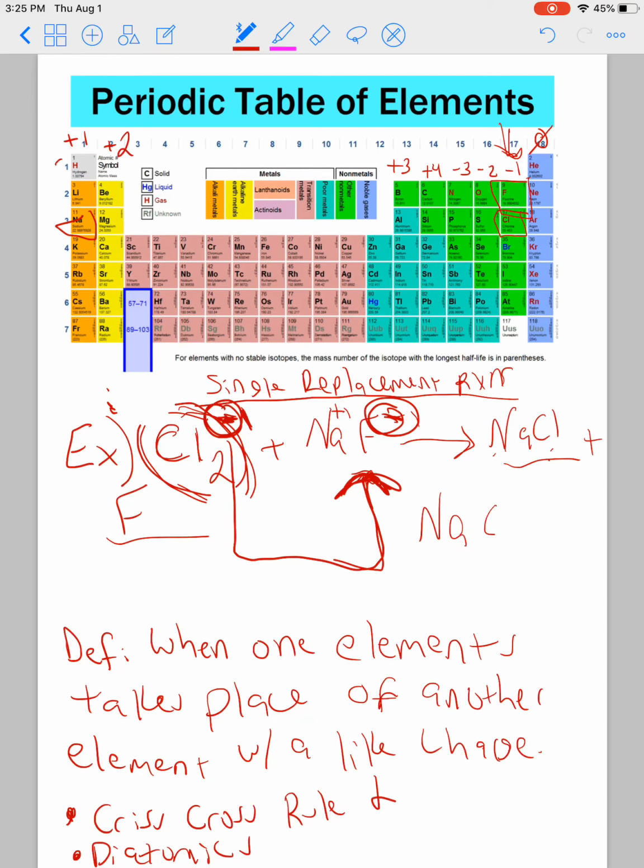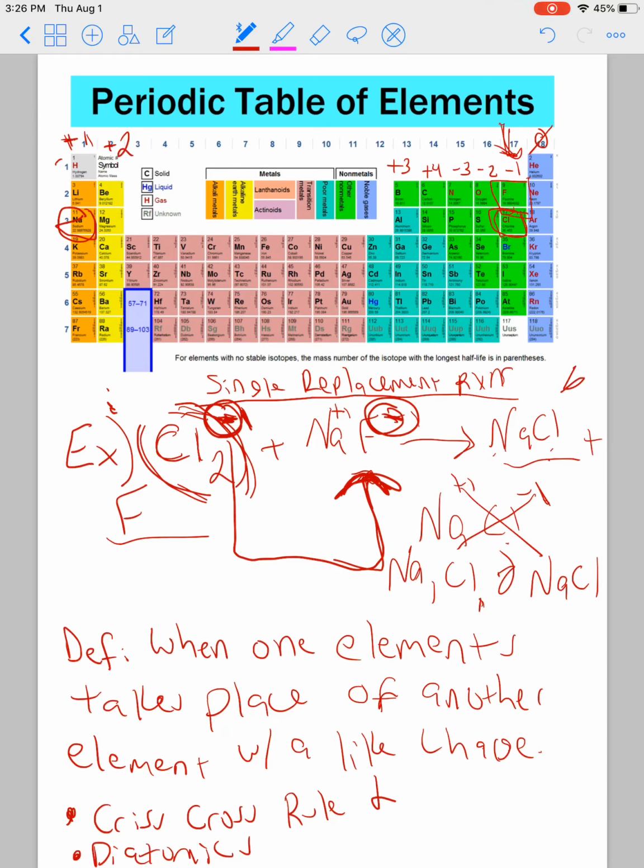So if Na with Cl, Na's charge that we said earlier was +1, and Cl's charge is -1. So when you switch them, remember you just bring the numbers down to be Na1, Cl1. And we don't typically show the ones, so it's just NaCl.